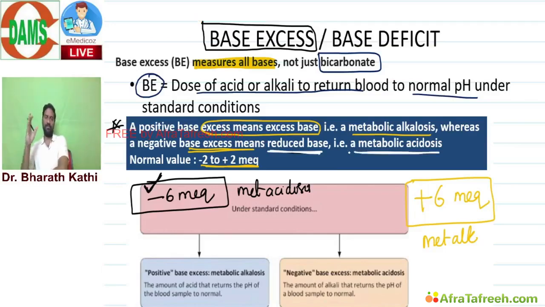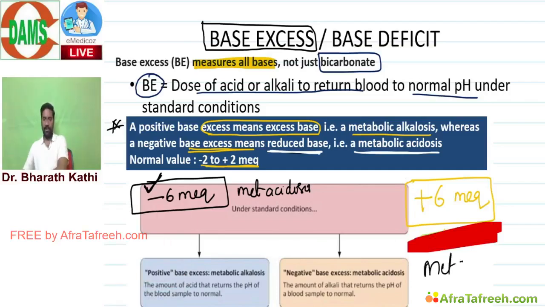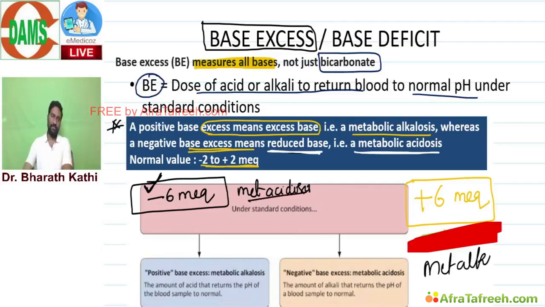If the base excess is a significantly positive value, you are dealing with metabolic alkalosis. If the base excess value is significantly low, it is metabolic acidosis.